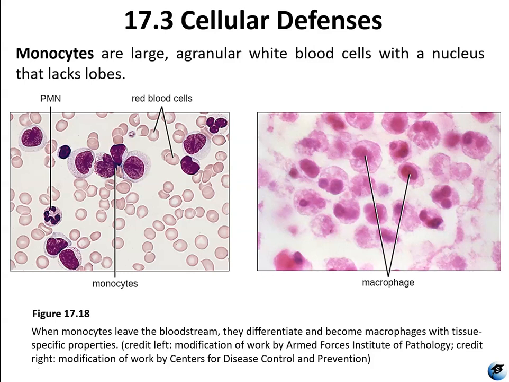Macrophages possess cell surface receptors that can identify and stick to some molecules on the surface of pathogenic bacterial cells. So your macrophages are scavengers. They recognize and engulf and digest pathogens and other microbes, especially those that live inside of the host cells.